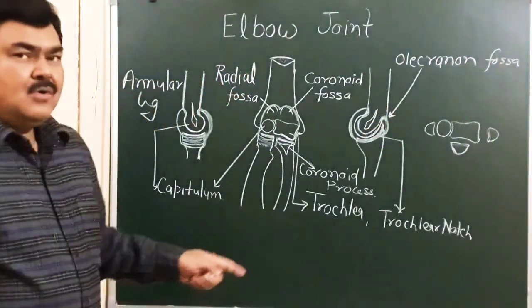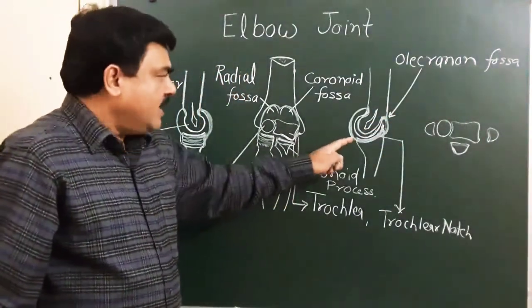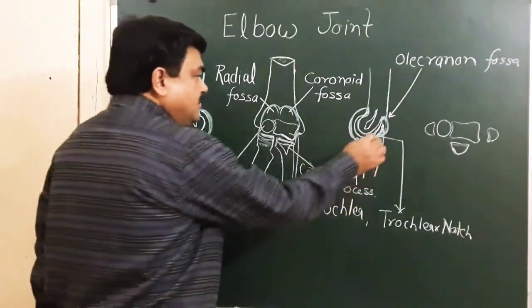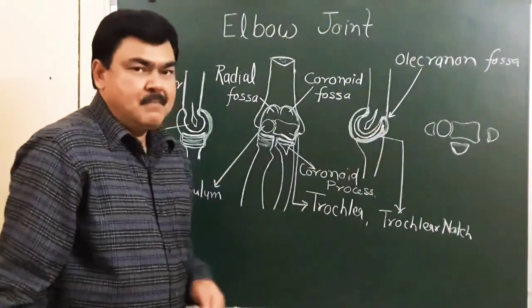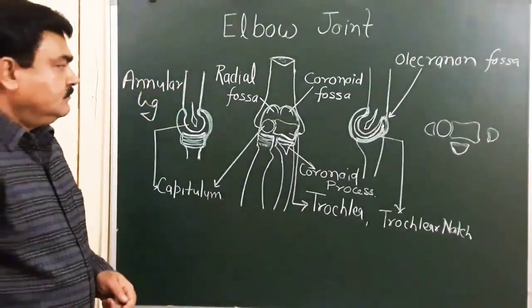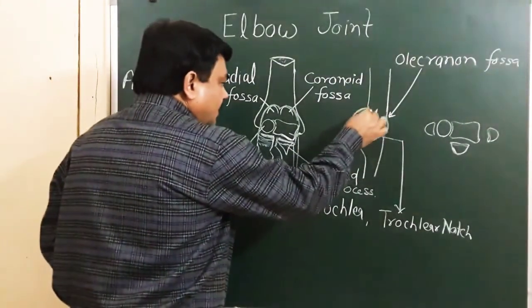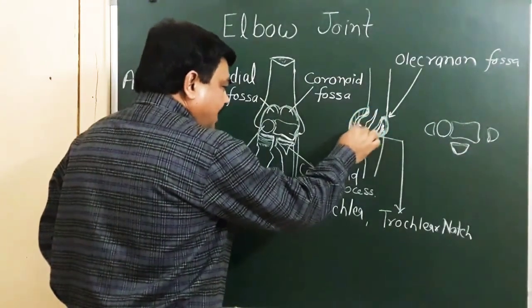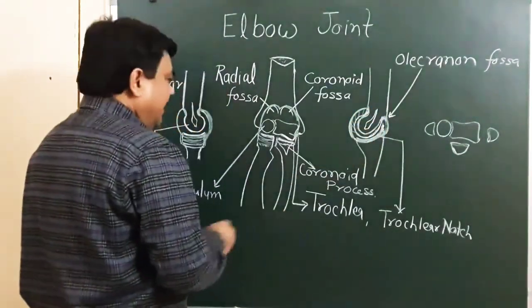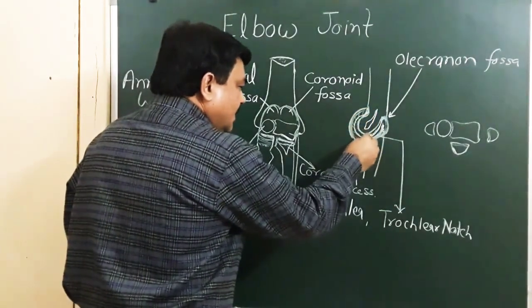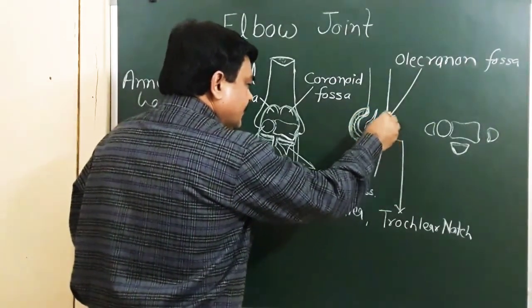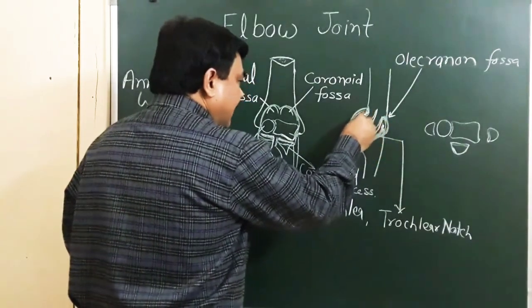This is the reason why, in case of effusion of this joint, swelling occurs on the posterior aspect here, because it is thin here. And this is internally lined by the synovial membrane.